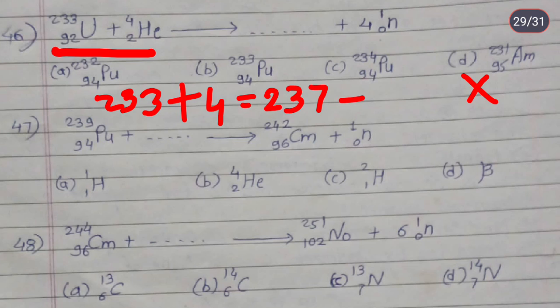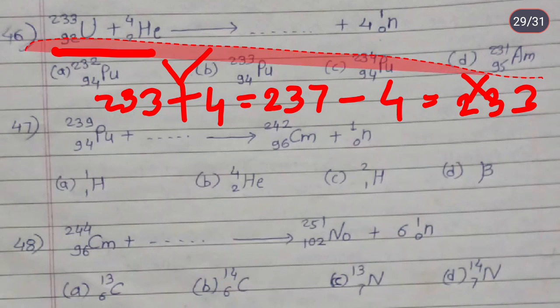Therefore, 237 minus 4 is equal to 233. So option B has mass number 233. So the correct option is B, that is plutonium 94-233.